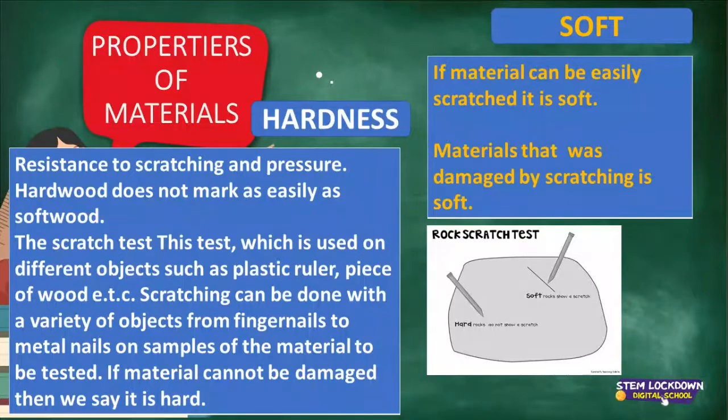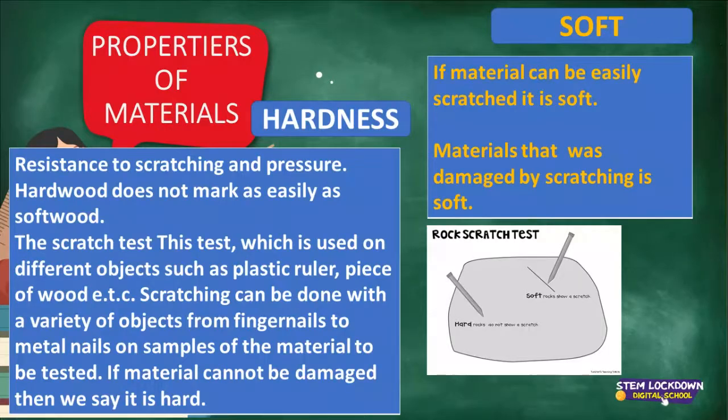So you can place two materials. Maybe for a start, you can place a plastic ruler and also place a rock, maybe a plastic ruler that you don't need anymore, and also a piece of rock or a piece of steel.